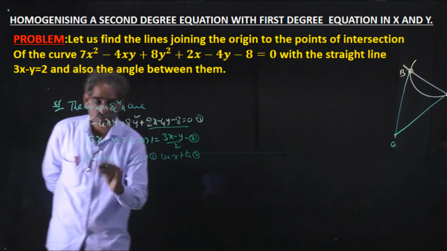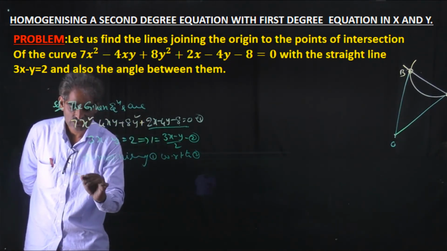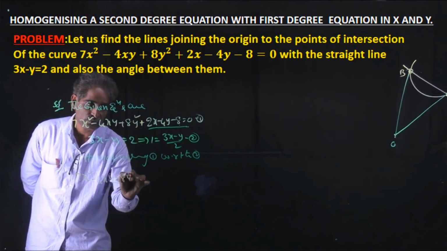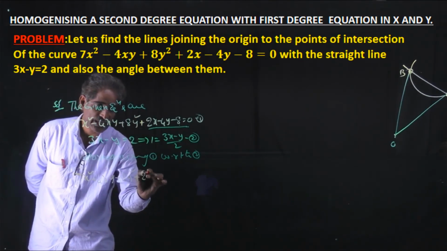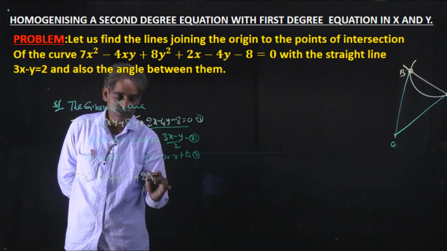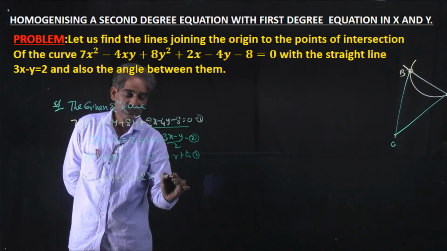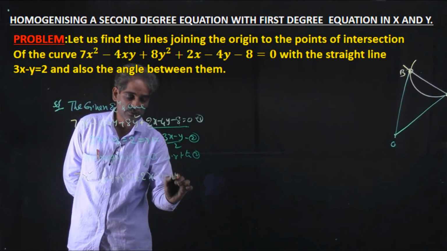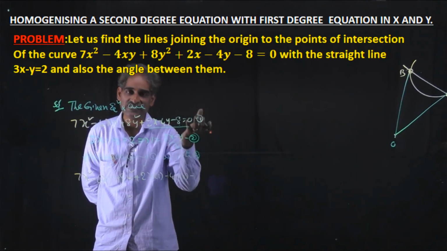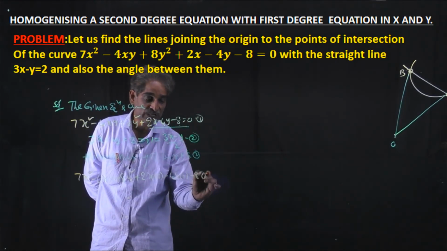Now take the first degree equation: 7x square minus 4xy plus 8y square plus 2x into 1, we have to improve one more degree, so into 1, minus 4y into 1, here also we have to improve one more degree by 1, but this is a constant, so we have to improve 2 degrees, so 8 into 1 square.